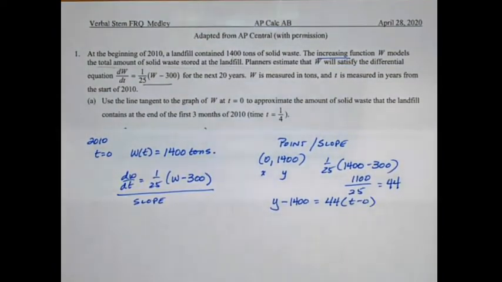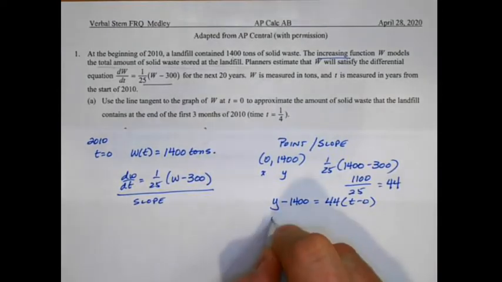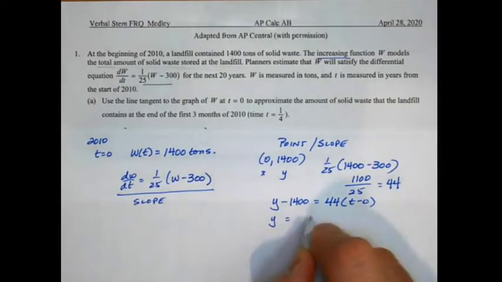But in this case, they're not asking you to find the tangent line. They're asking to approximate this amount of solid waste. So we're looking for y if t is 1/4. So y is equal to 1,400 plus 44 times 1/4.